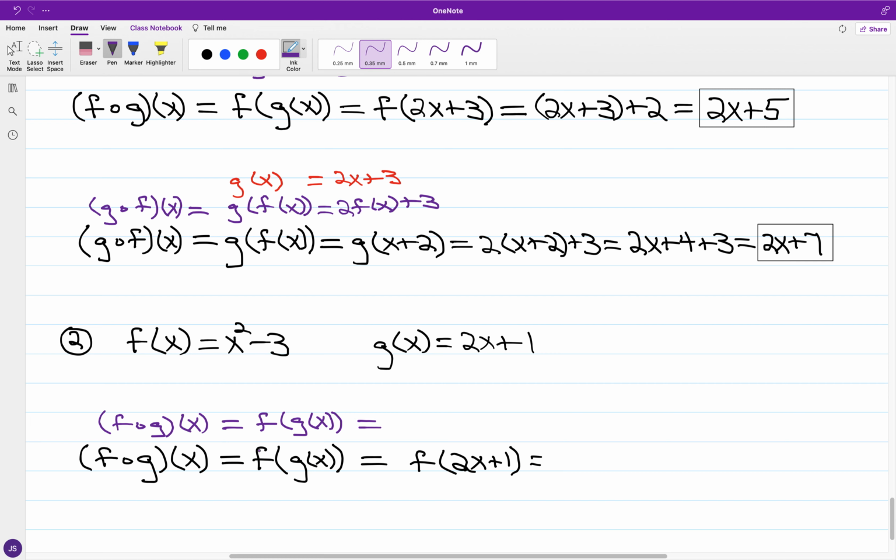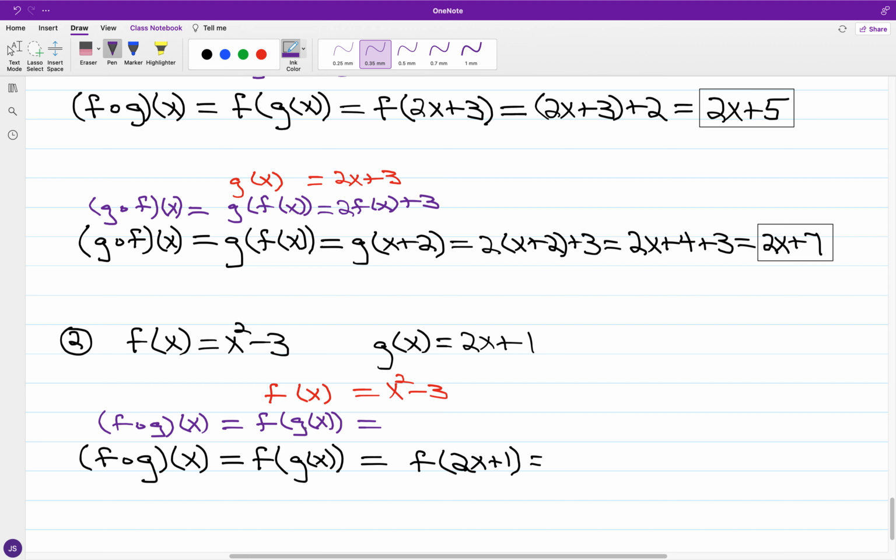Now again, your exterior function is f, and f of any input is equal to the square of the input minus 3.